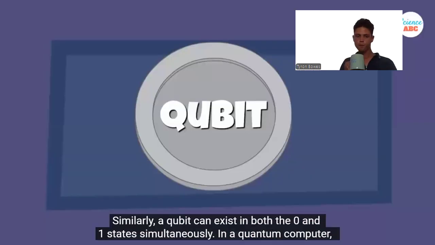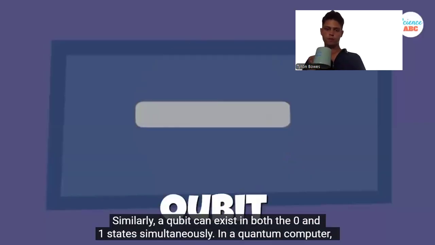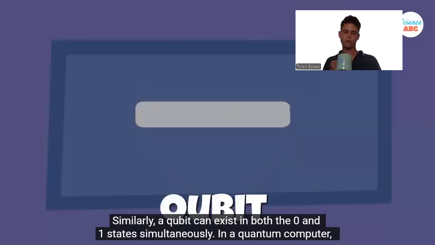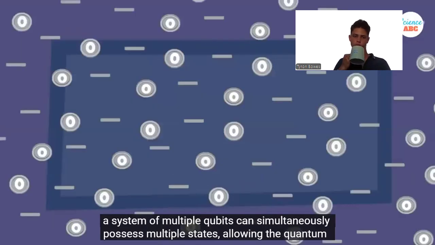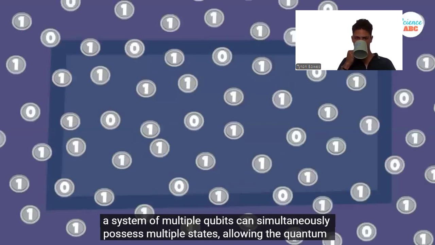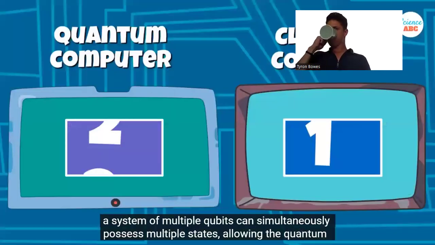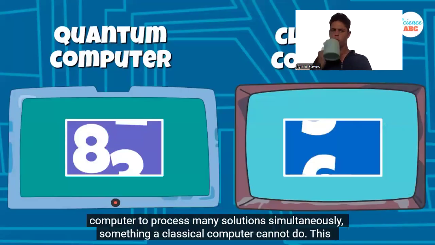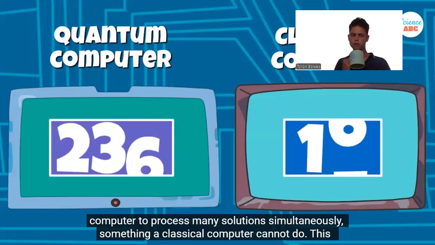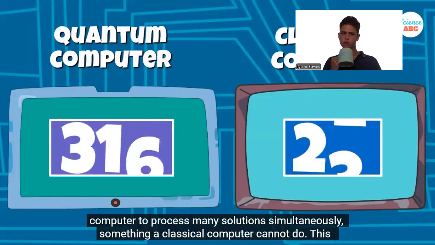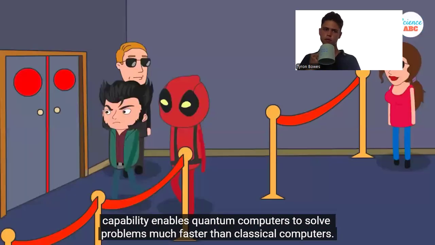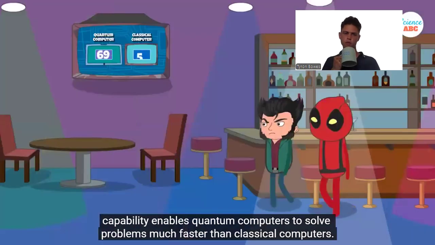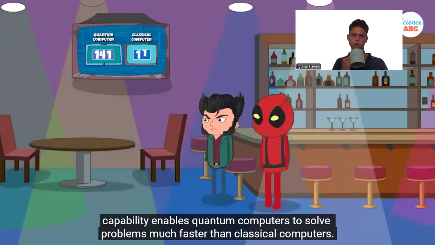Similarly, qubits can exist in both the 0 and 1 states simultaneously. In a quantum computer, a system of multiple qubits can simultaneously possess multiple states, allowing the quantum computer to process many solutions simultaneously, something a classical computer simply cannot do. This capability enables quantum computers to solve problems much faster than classical computers.